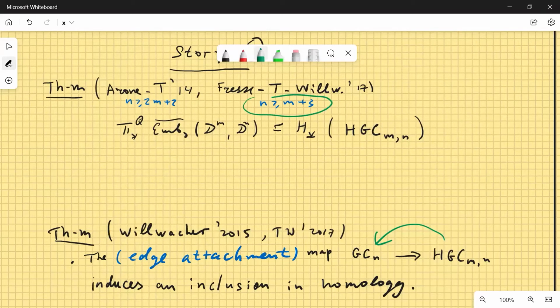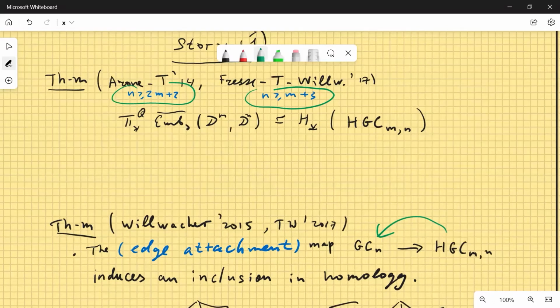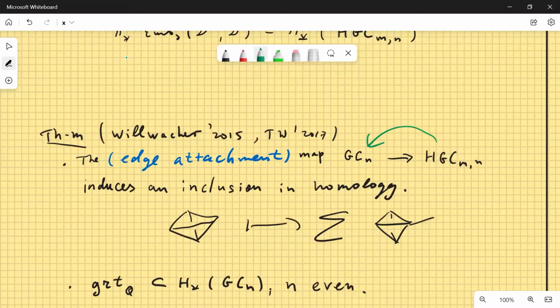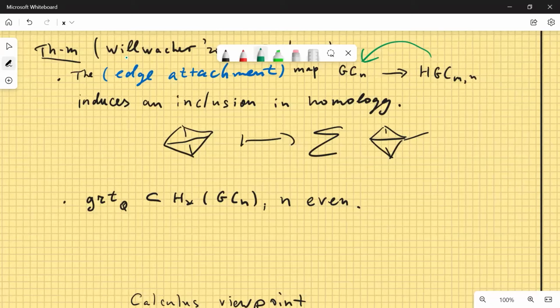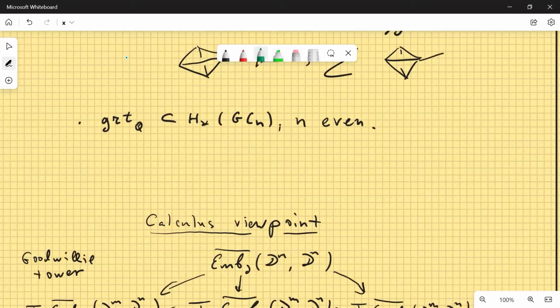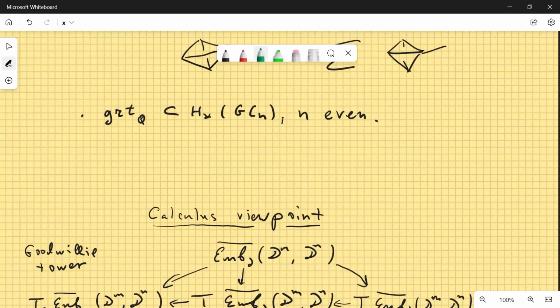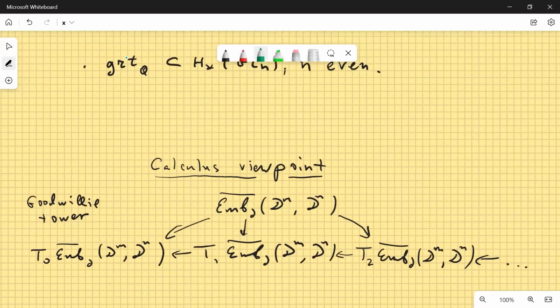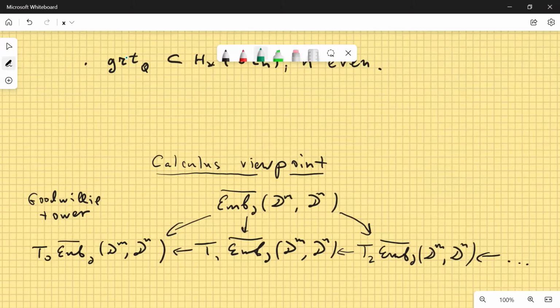First it was proved for codimension in the case when spaces are connected, but then we improved it to codimension at least 3 using this looping result and the rational homotopy theory of operads, which Benoit was talking about. So let me give a little bit different algebraic description of this inclusion, which comes from the calculus viewpoint.